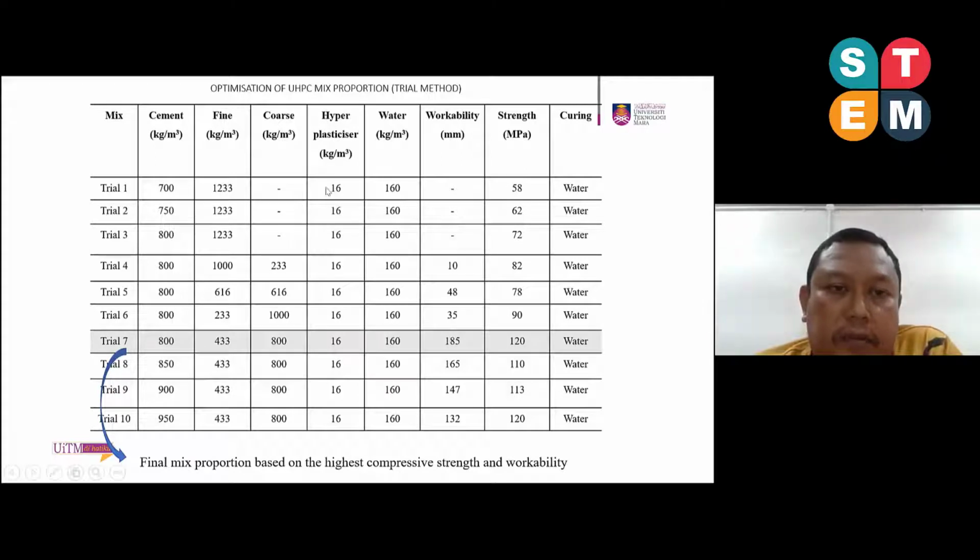Based on these trials, trial number 7, which involves cement 800 kilogram per meter cube, with the addition of hyperplasticizer 16 kilogram per meter cube, which is 2% of cement weight, and water of 160 kilogram per meter cube, is the best design to achieve the target in my objective.